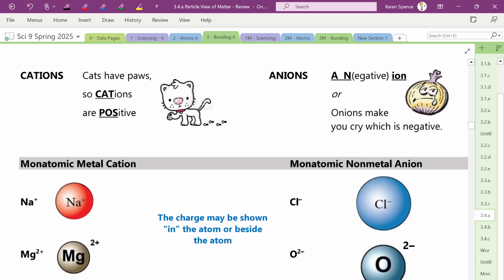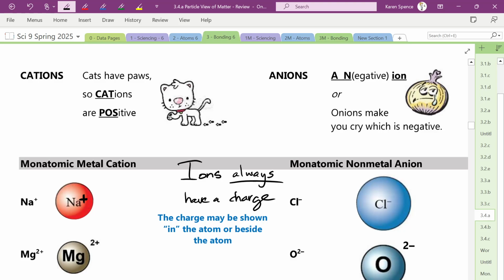These are what pictures of ions look like. Ions always have a charge. So if we look, sodium has a plus.